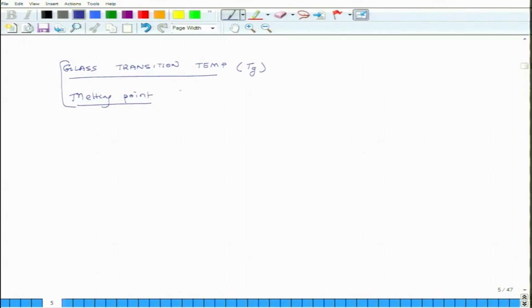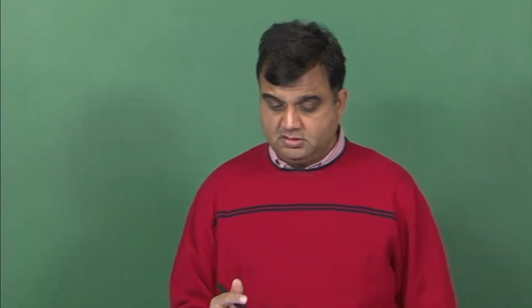A lot of times it is written as Tm. So what happens is that if you heat a material and you keep on heating it, in context of thermoplastics, because thermoplastics have a melting point, thermosets do not have a melting point.